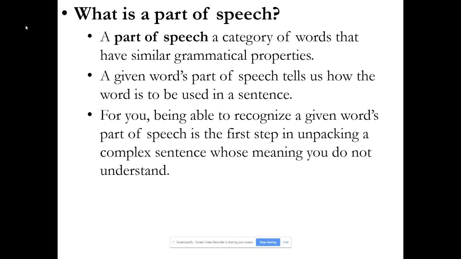Now, for you, in AP English language, being able to recognize a given word's part of speech is the first step in unpacking a really complex sentence where you don't understand the meaning. You don't get the sentence because the words do not add up to an idea in your brain that you can comprehend. What do you have to do in that situation? Well, you have to break the sentence up into pieces and you have to understand how it's built in order to gain that understanding.